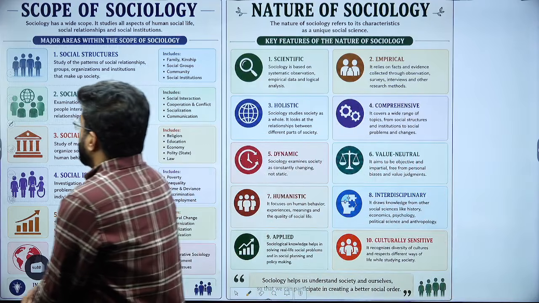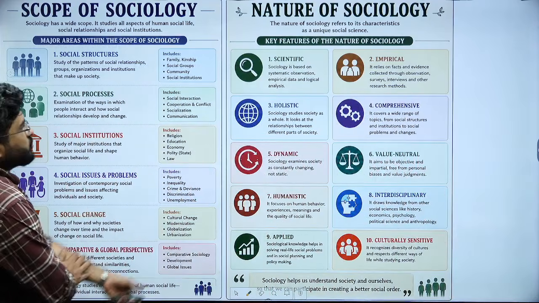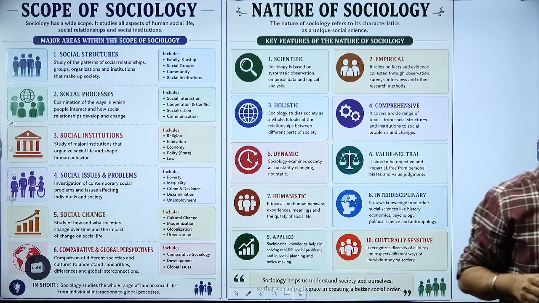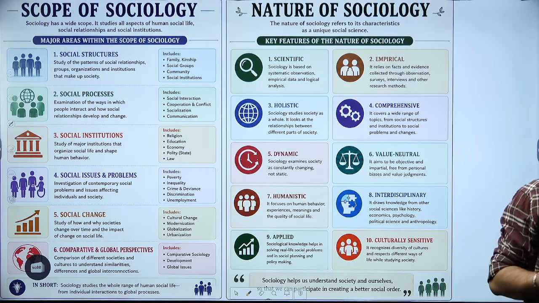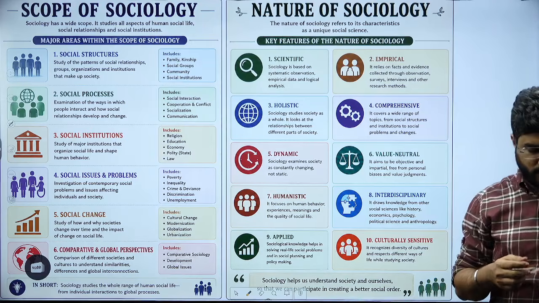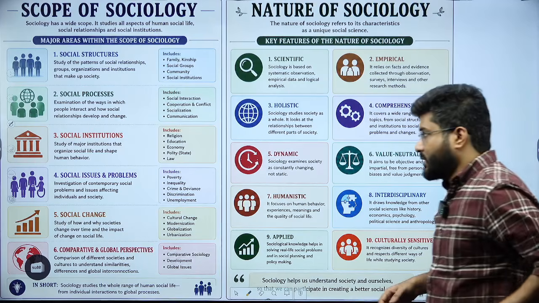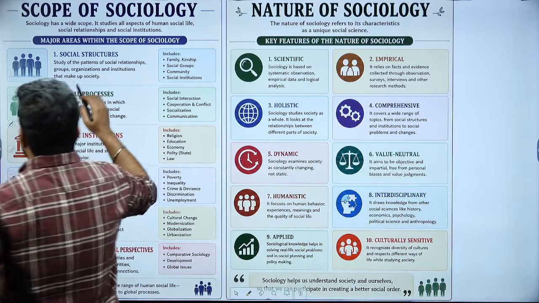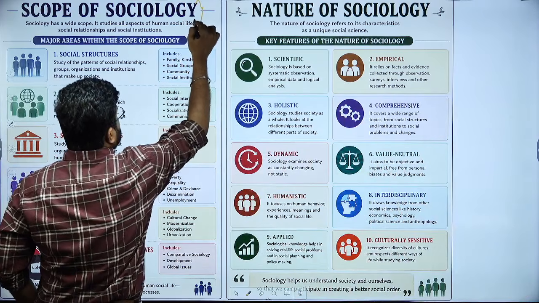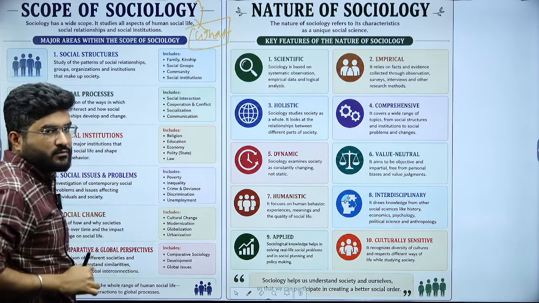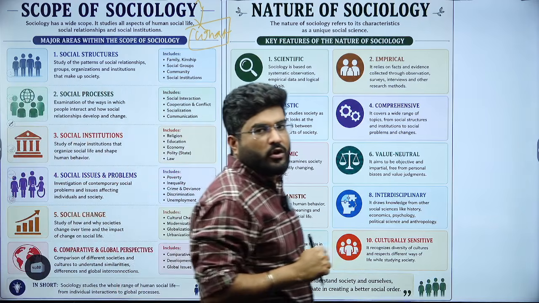Okay, then comes your second topic, which is about the scope of sociology and the nature of sociology. Now, what do we mean by scope of sociology and what do we mean by nature of sociology? For scope of sociology, the simple meaning is what sociology is going to talk about or focus on.